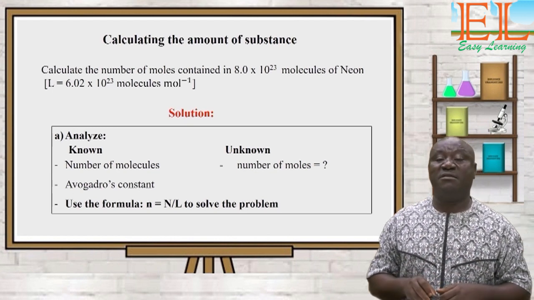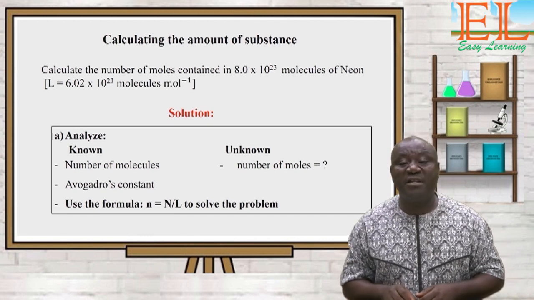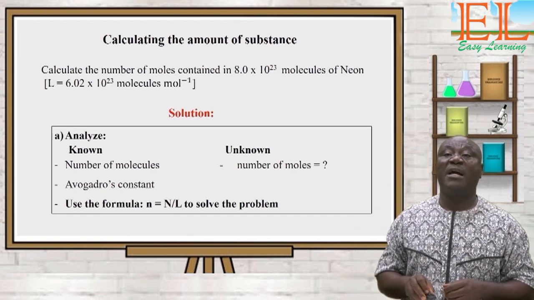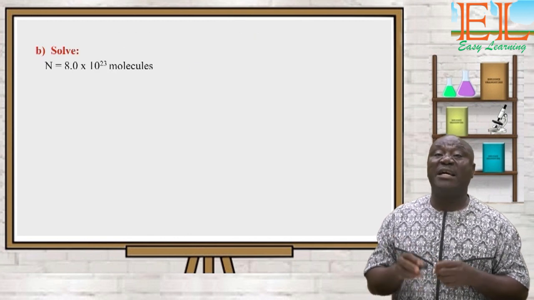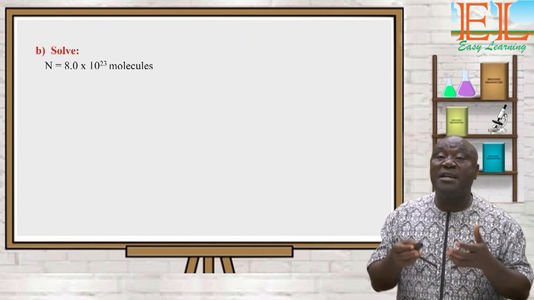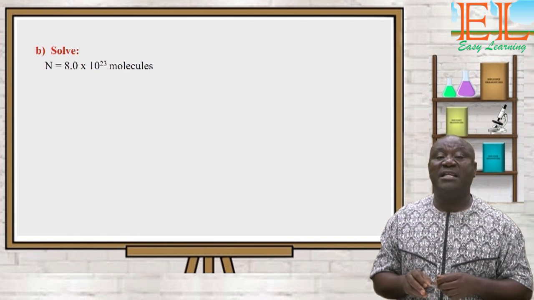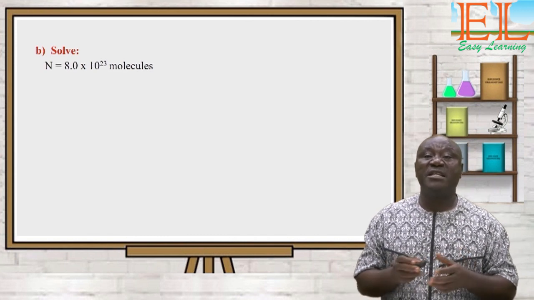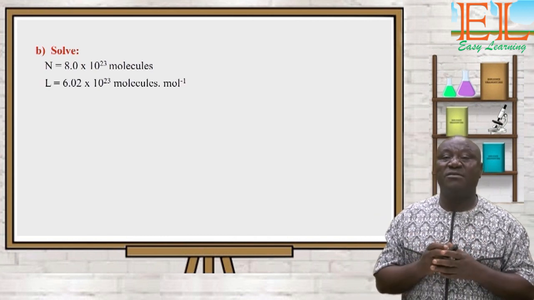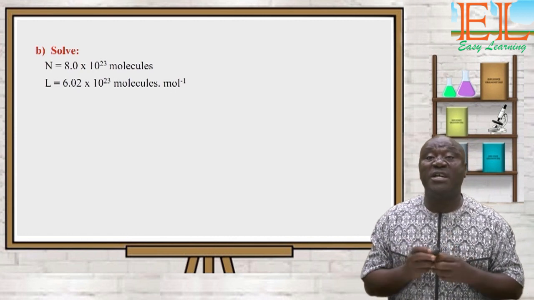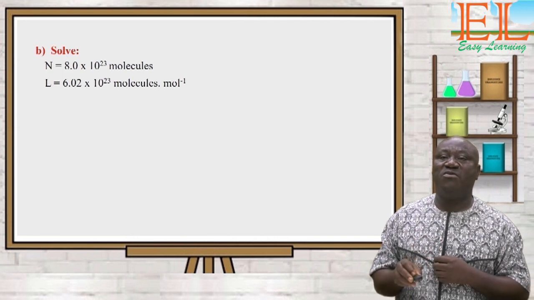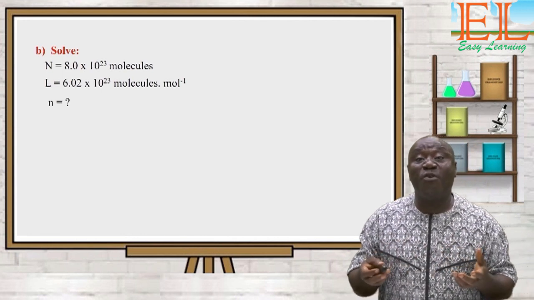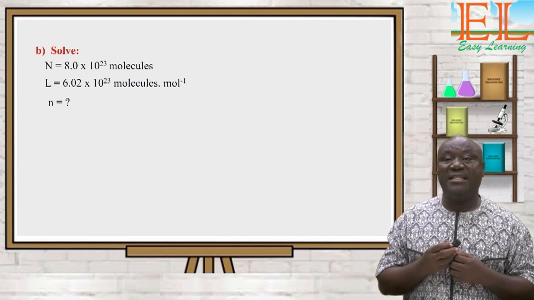So in this question, we were given uppercase N to be 8.0 times 10 raised to the power 23 molecules. Then we were given uppercase L to be 6.02 times 10 raised to the power 23 molecules per mole. And the quantity being sought for is lowercase n.